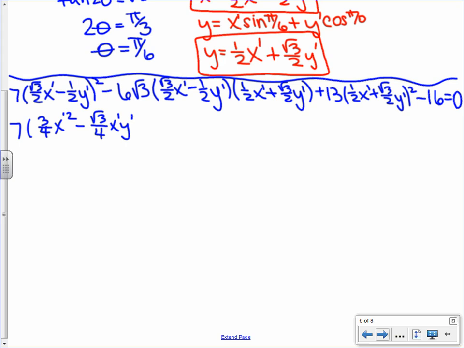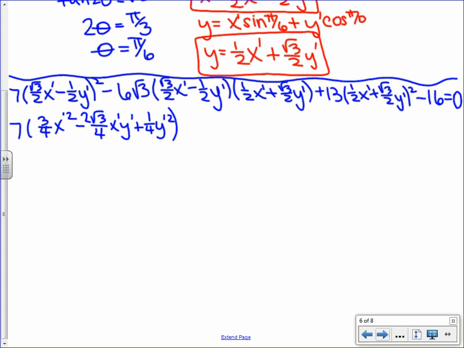Inside term. Same thing, so can I just double this? Yes. And then our last term, 1/4 y prime squared.